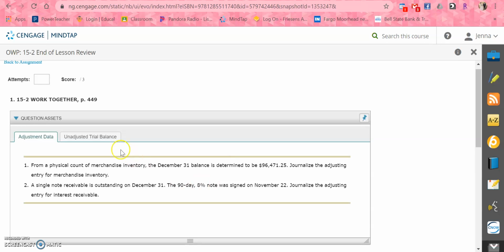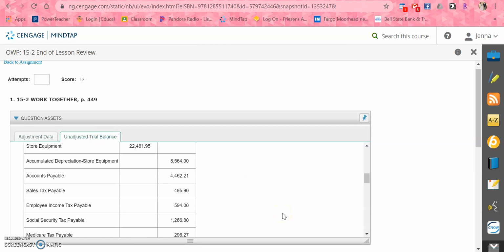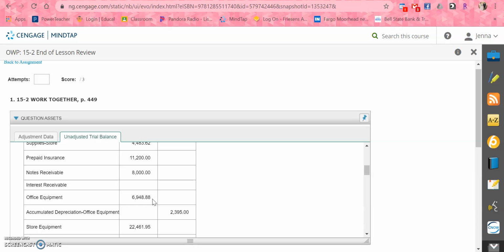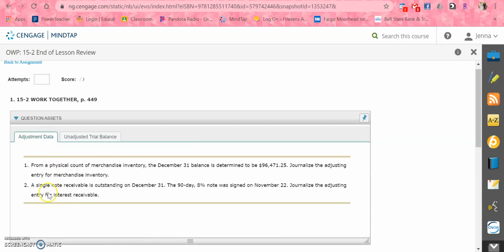So what I'm going to do is go to my unadjusted trial balance. I'm going to write some numbers down because that's going to help me. I'm going to look at my notes receivable. So I see that my notes receivable is at $8,000. Notice it says a single note receivable is outstanding.